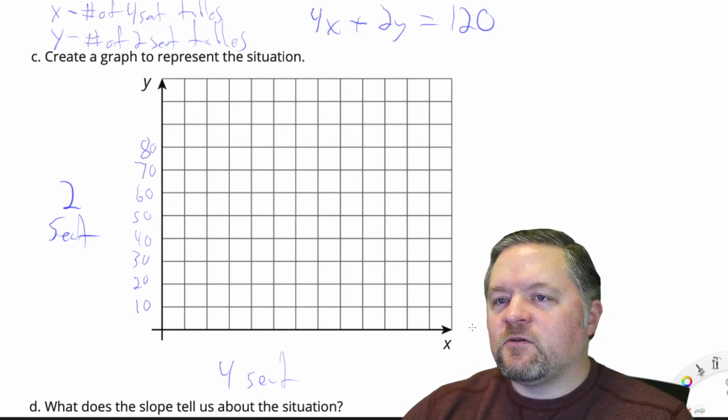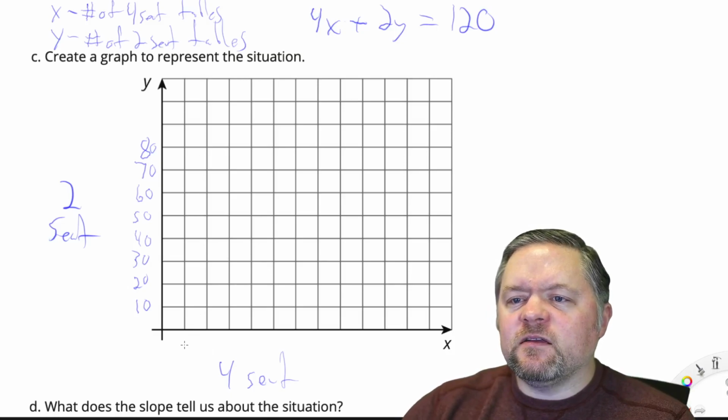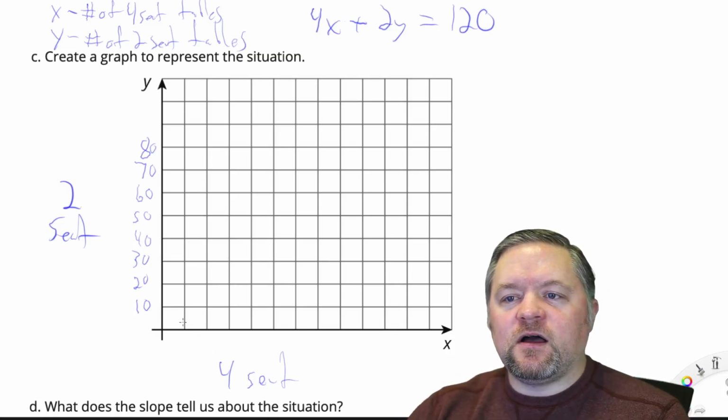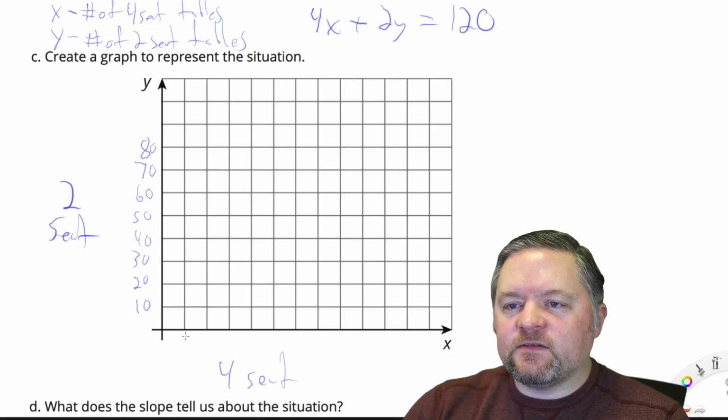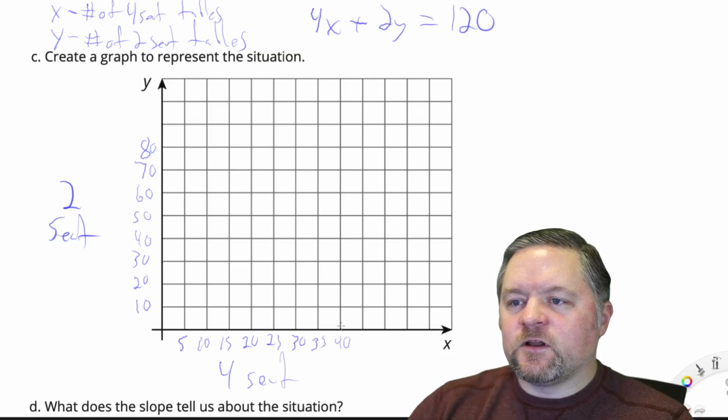Now the other way, we have to get up to 30. So we don't have to go up so high, so let's count by 5s. 5, 10, 15, 20, 25, 30, 35, 40.